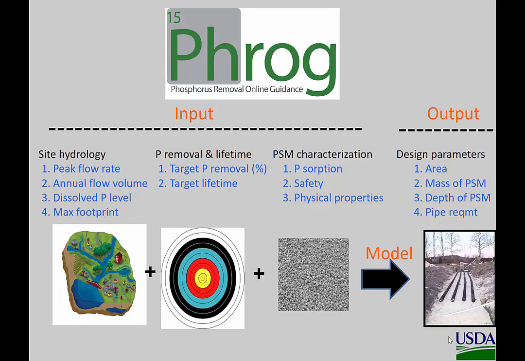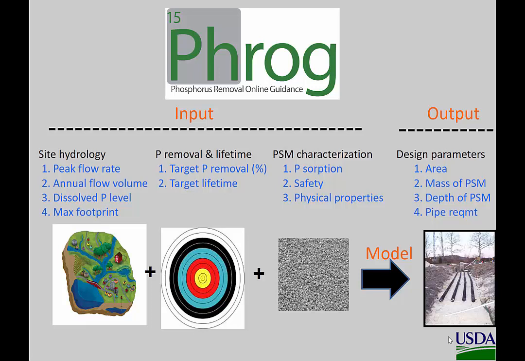And we need to know something about the filter media itself, the P-sorption capability of it and its physical properties, because remember, we have to be able to push water through it, and also need to characterize it for safety. So we plug all this in, and we get the output for design parameters. What mass of that particular phosphorus sorption material do you need to meet those removal goals for your particular site?